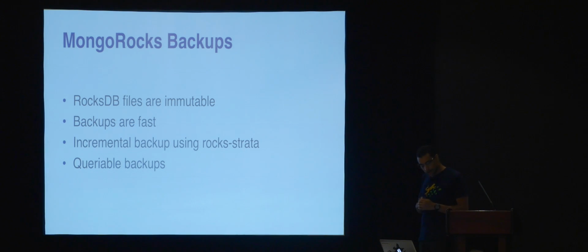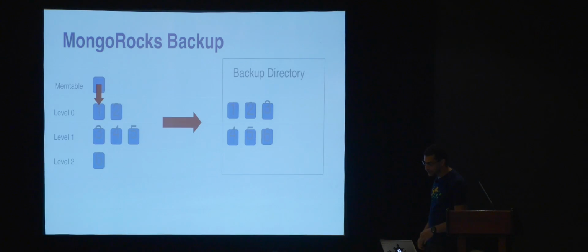So how backups work and why they're easy with MongoRocks. Let's assume we have this situation. This is MongoRocks, this is RocksDB, but since MongoDB is using RocksDB, this now includes the MongoDB data. If you want to back up MongoDB on MongoRocks, all we need to do is take the memtable, flush it to create a file in level 0, and take all these files and send them to the backup directory.